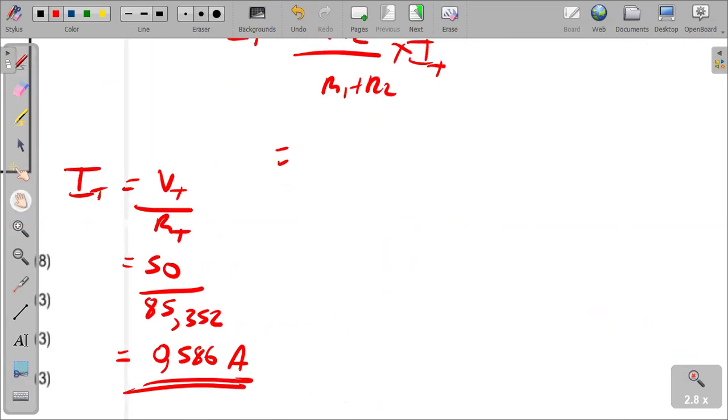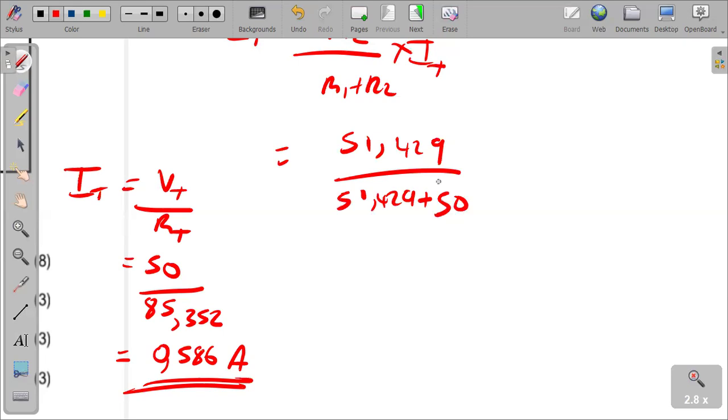So we'll say 51.429 divided by 51.429 plus 50, multiplied by the total current of the circuit, 0.586. And that definitely is going to give us a value, which is, if we punch correctly on the calculator, we get 0.297 amperes. That marks our current, right?